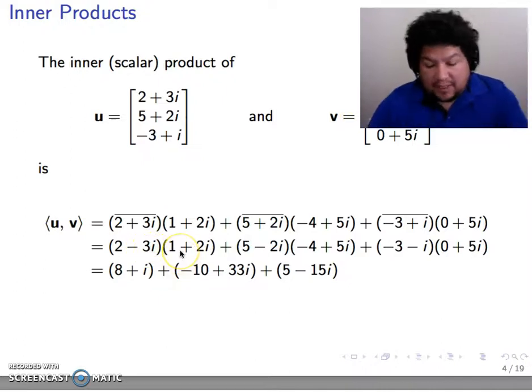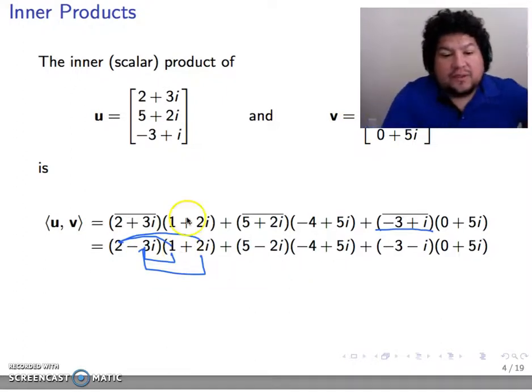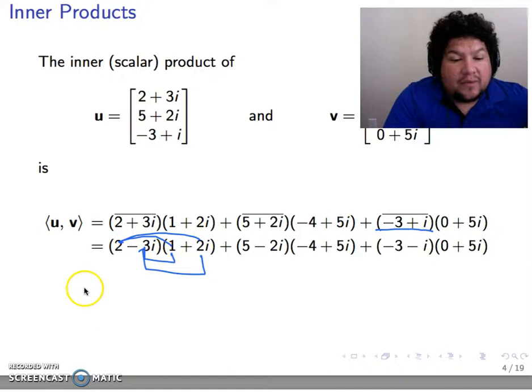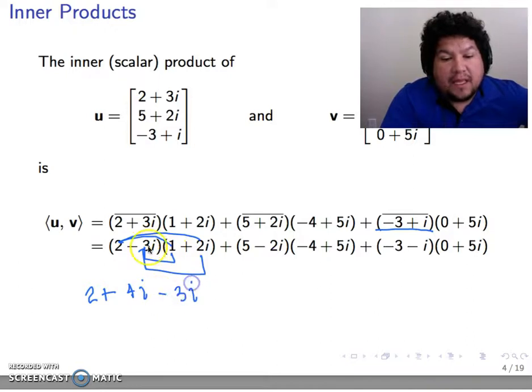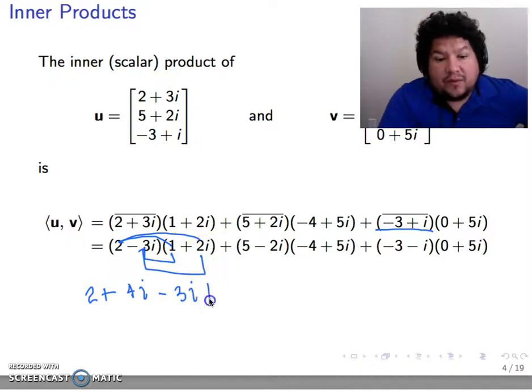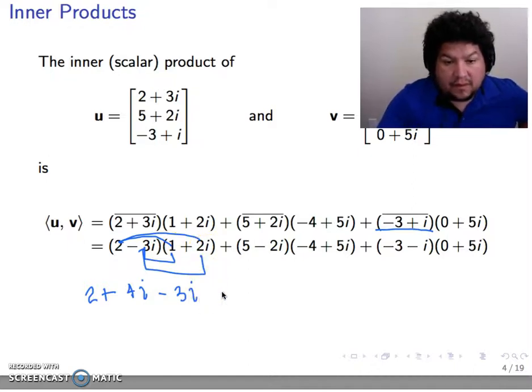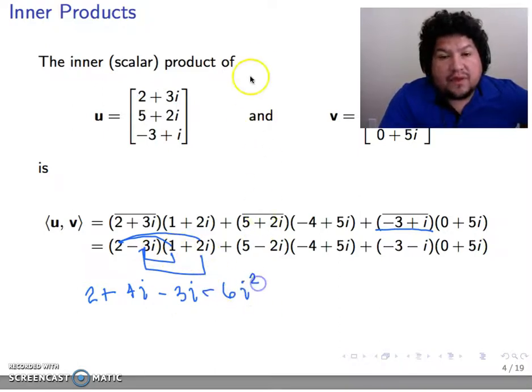And doing that calculation, maybe I'll do the first calculation slowly. So 2 times 1, that will be 2. 2 times 2i, that will be 4i. Minus 3i times 1 is minus 3i. And minus 3i times 2i would be minus 6i squared. Right, so here's where you have to be very careful.